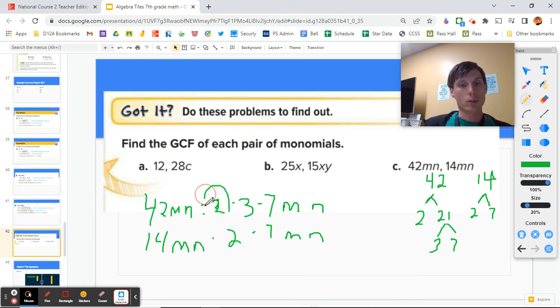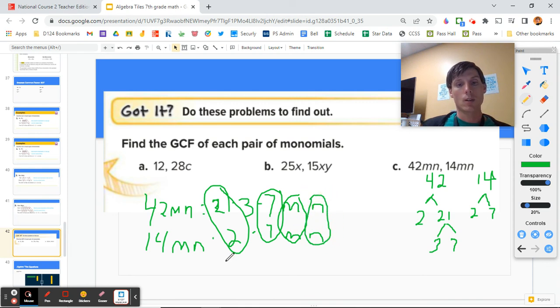Common factors: 2, 7, m, and n. So what do we have? We multiply it all together. 2 times 7, 14, times m times n. Our GCF of those two is 14mn.